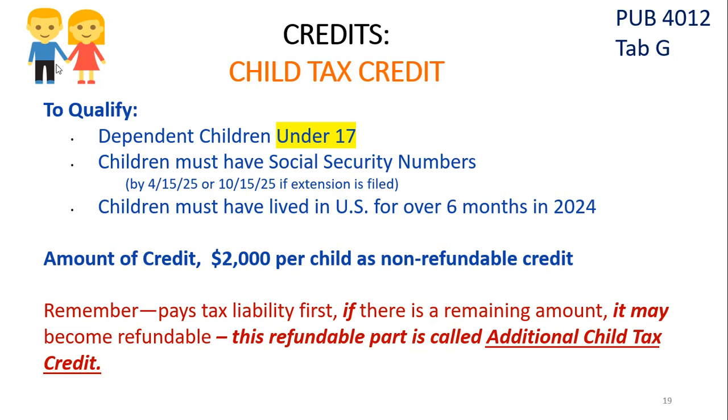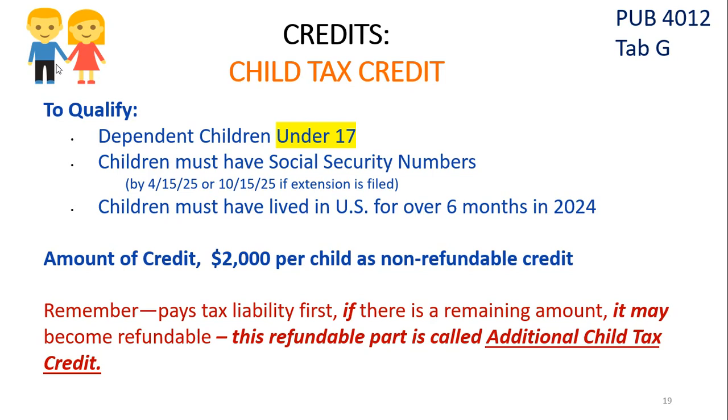So anybody who passed the qualifying child test on the left-hand side of C3, who passed that test, who's under 17, has a social, and lived in the United States for over 6 months, you can get a $2,000 credit for that child. Of course, all it's going to do is pay that tax liability. And then whatever's left over, they kind of lose.